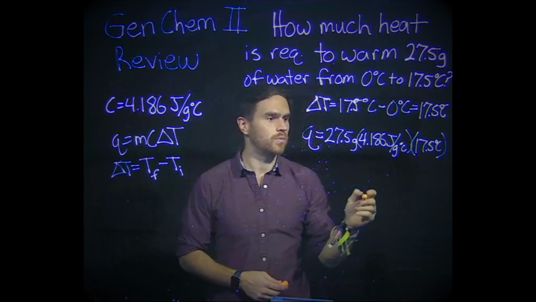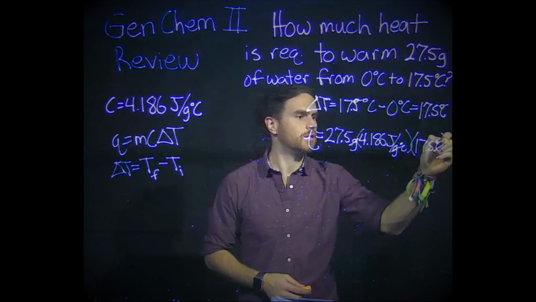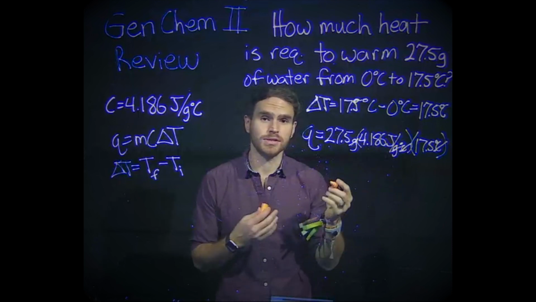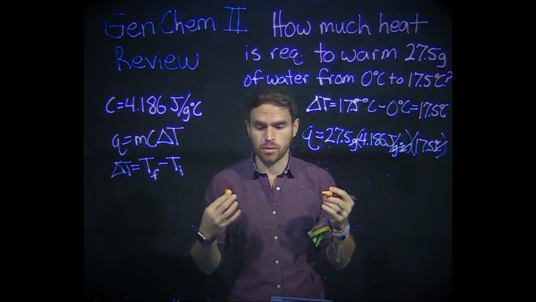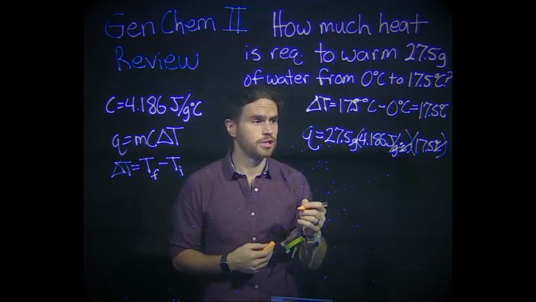We make sure that our units cancel out. Grams cancel there. Degrees Celsius cancels here. We'll be left with joules, which is good because heat is measured, and that's how we compute work, as an energy, a value of energy.